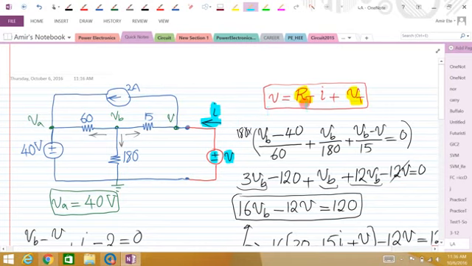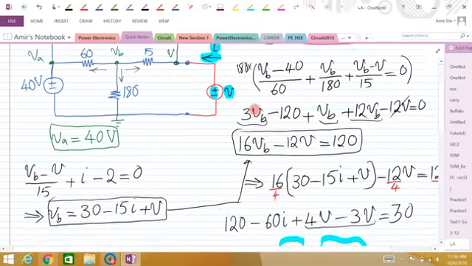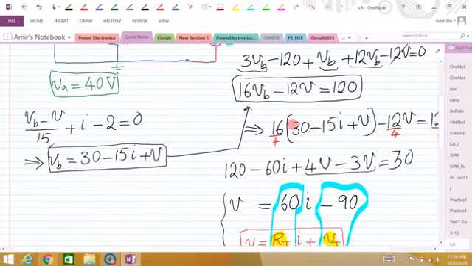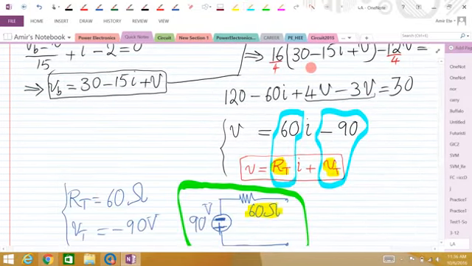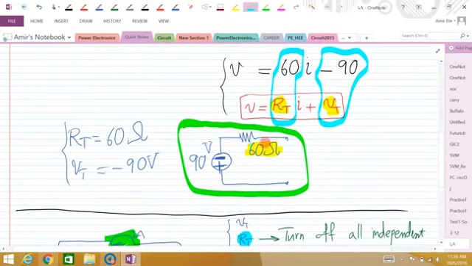Once we find that, then the coefficient of I would be my R Thevenin, and this constant here will be my V Thevenin. So I did node voltage analysis for this circuit and eventually got this equation. When I compare it with this original equation, my R Thevenin is 60 and my V Thevenin is minus 90. So the Thevenin equivalent is this.